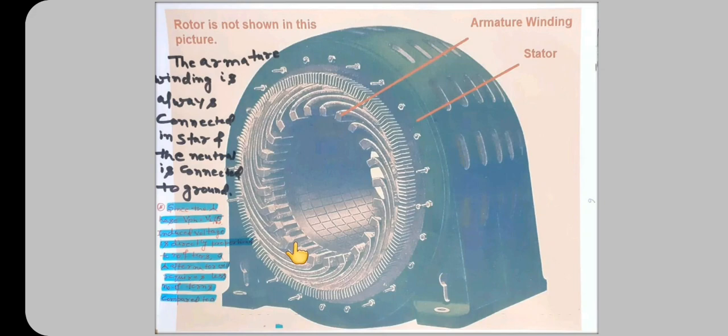The armature is an iron ring formed of laminations of special magnetic iron or silicon steel having slots on it, as we can see in the figure. The whole structure is held in a frame which may be of cast iron or welded steel plate.